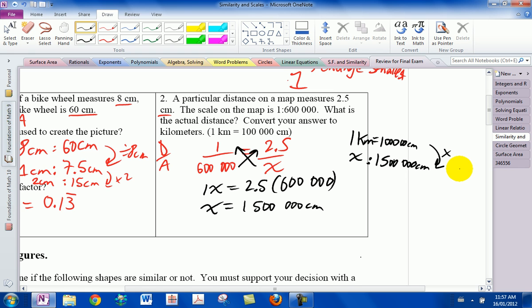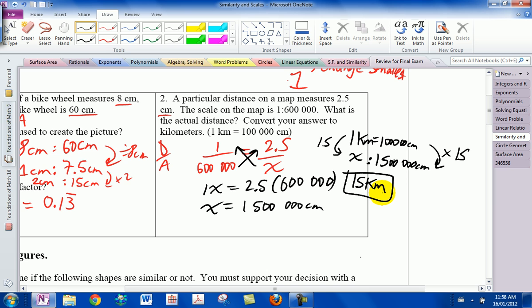I believe it's a 15. Double check. Go 100,000 times 15. Does that equal 1,500,000? It does. So that means that x equals 15 kilometers.